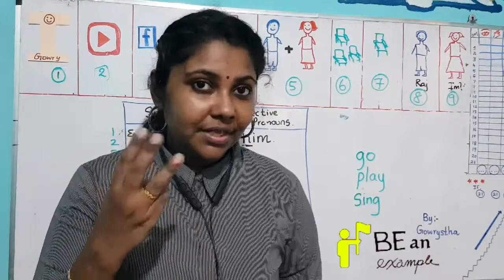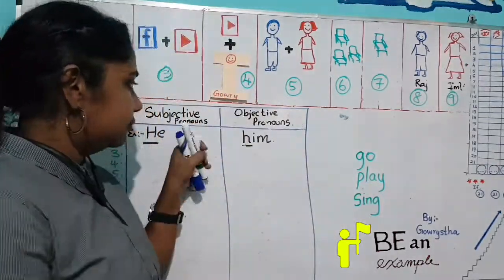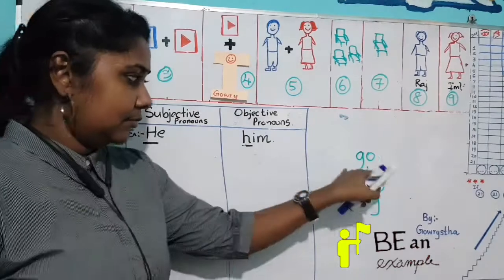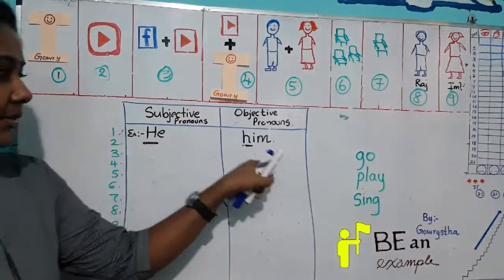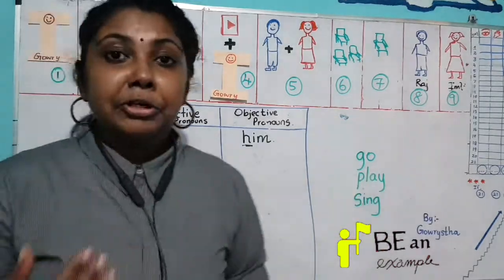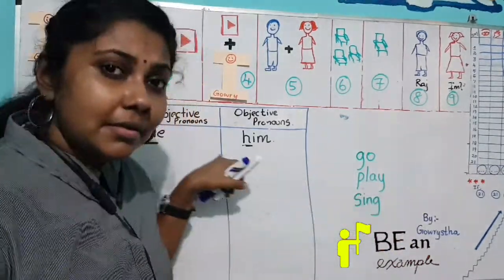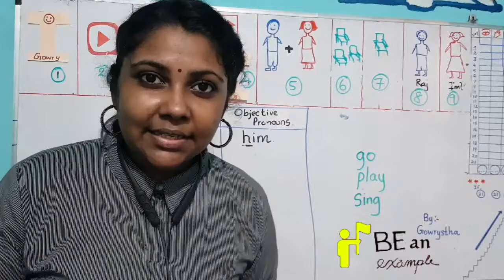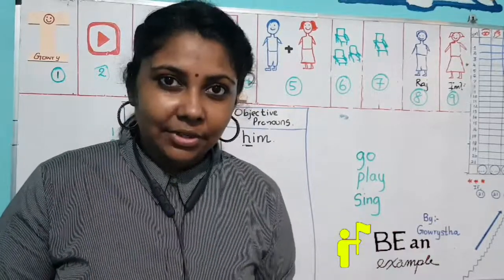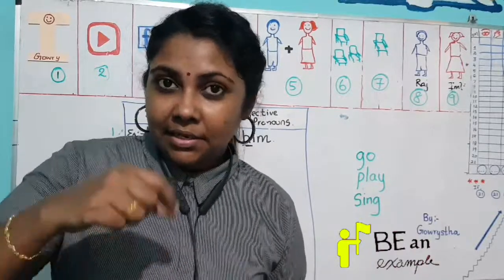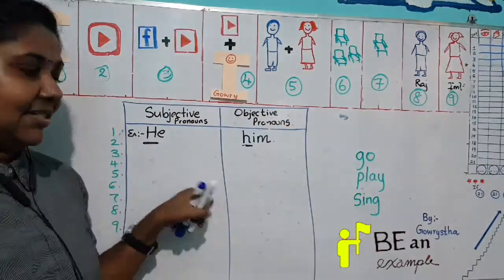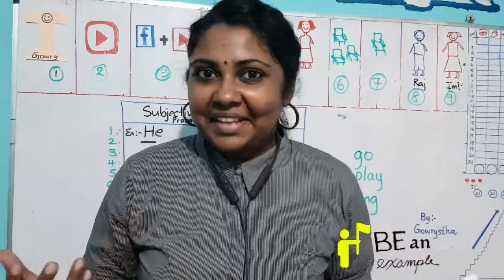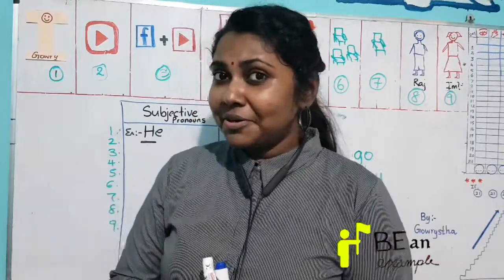How many verbs? 3. Make some sentences. Using these verbs, these pronouns, make some sentences. Okay? Practice it. Okay? That's it. See you tomorrow.